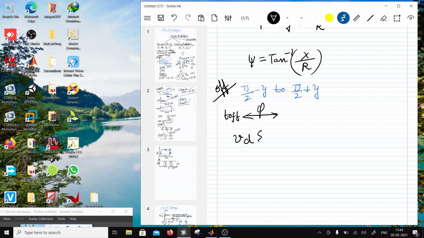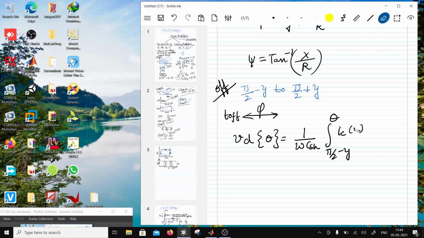So Vd, which is a function of theta, would be 1 over omega CSH times the integral from pi by 2 minus y up to theta of IC, or rather ICSH, which is a function of u.